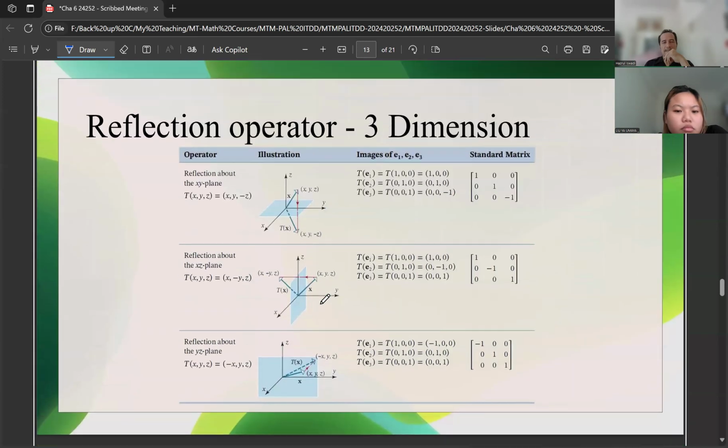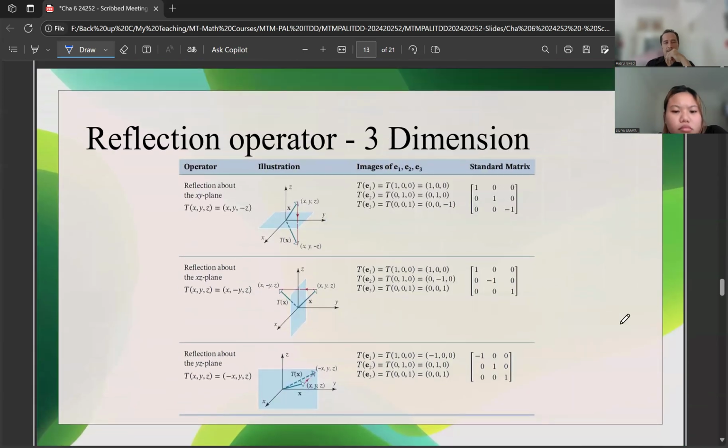This is the illustration of reflection in three dimensions. We have a reflection about the xy plane, reflection about the xz plane, and reflection about the yz plane. The vector x is the original.